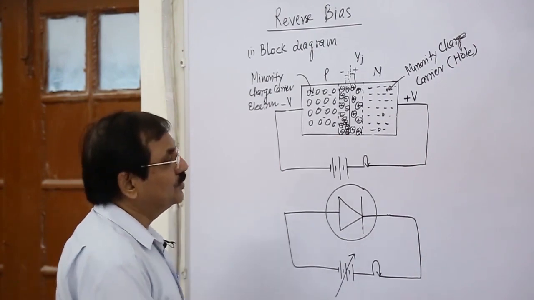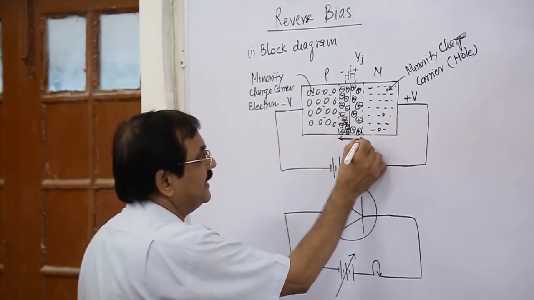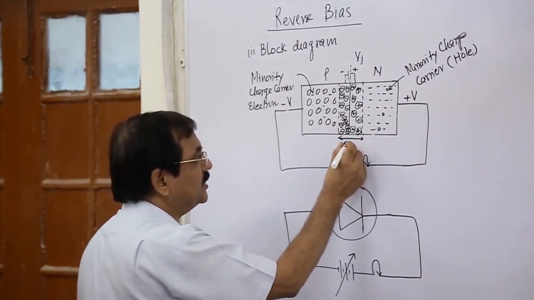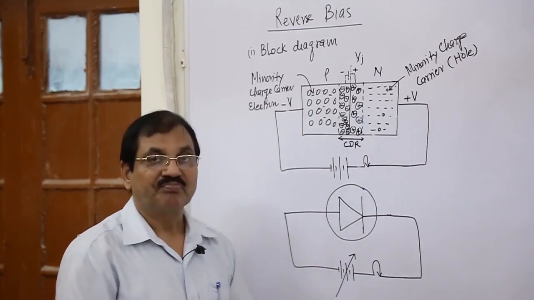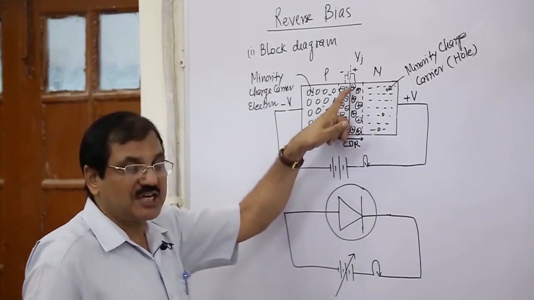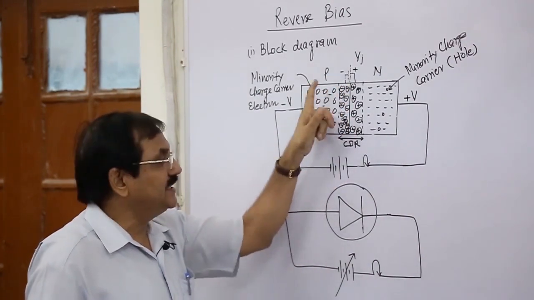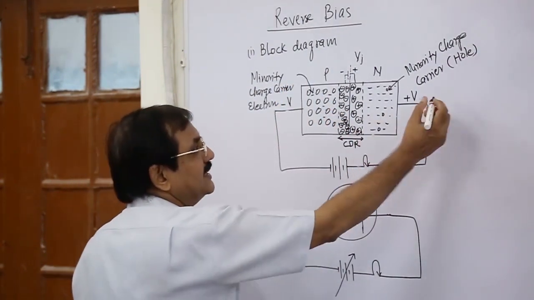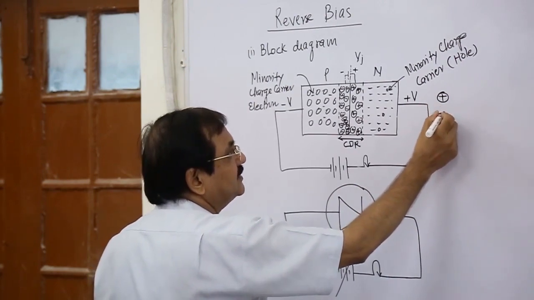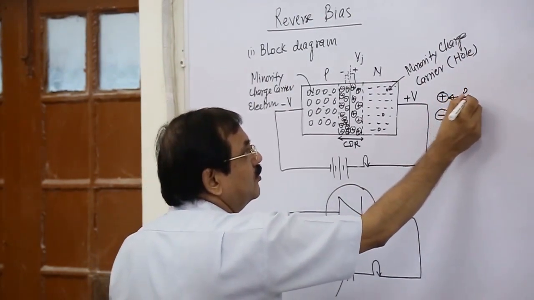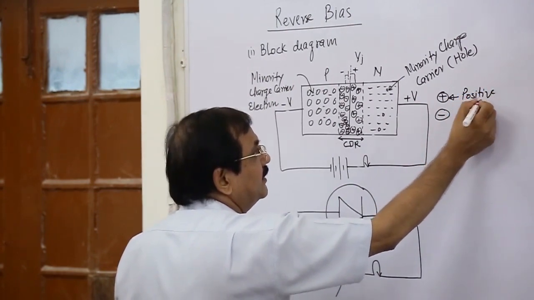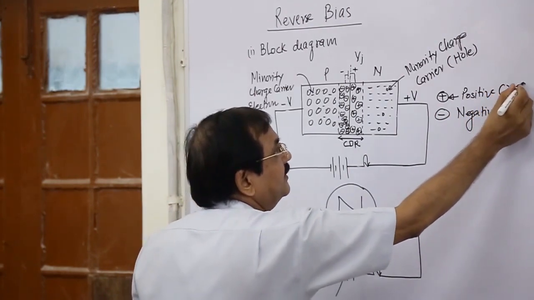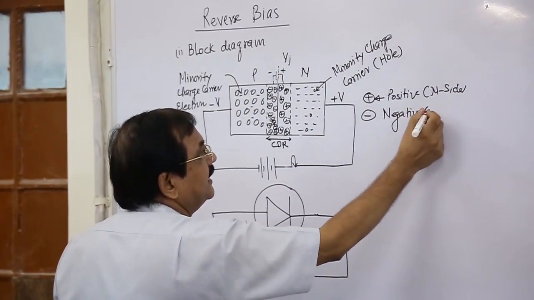These two regions, n type and p type, create the charge depletion region, CDR. There are no free charges in this region, so these are immobile charges. So we show this diagram with immobile charges, positive in the n side and negative in the p side.